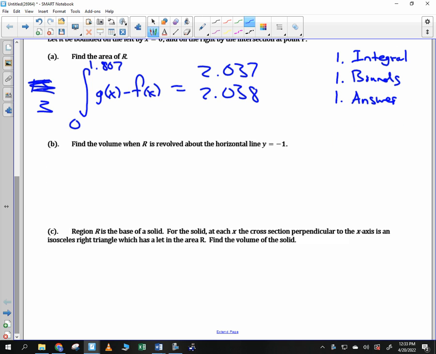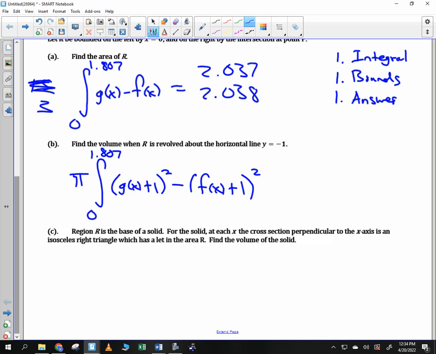Find the volume of R when it's revolved around the horizontal line y equals -1. I should see pi times the integral from 0 to 1.807 of g of x plus 1 quantity squared minus f of x plus 1, or minus a -1, however you write it, squared dx.